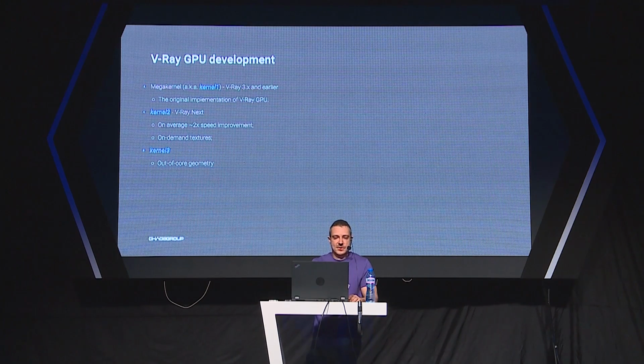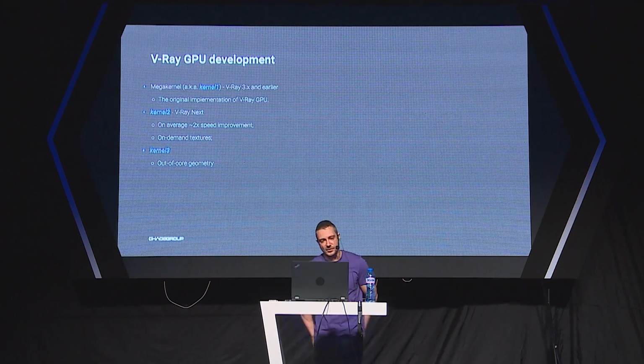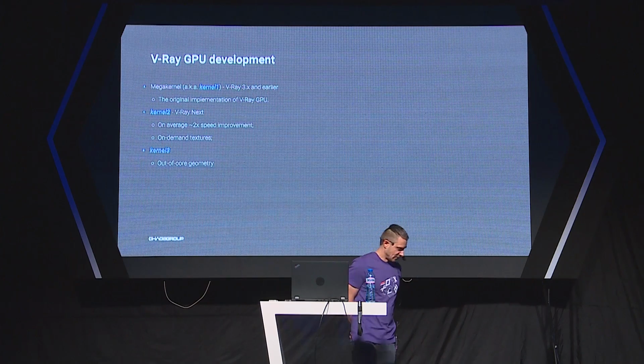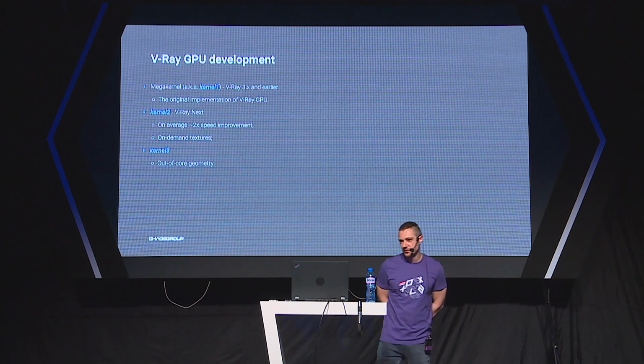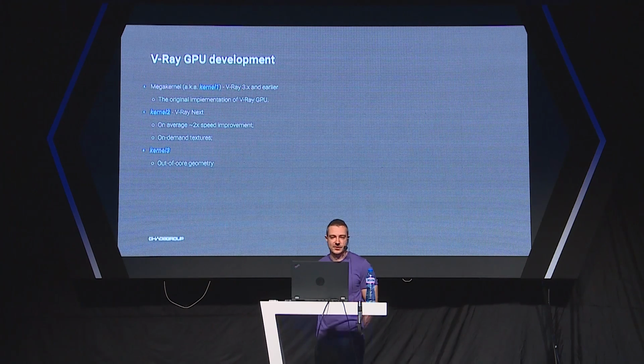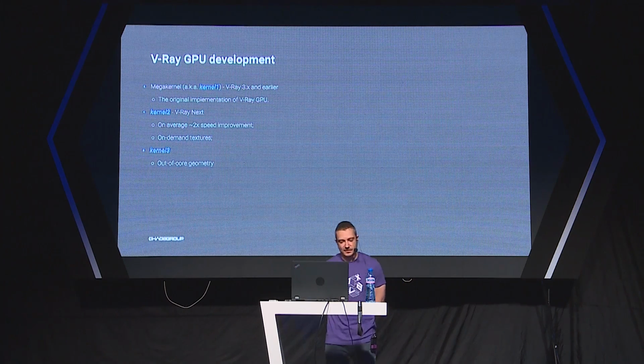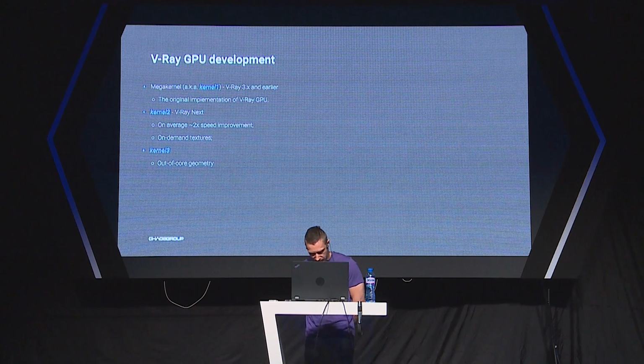We are also moving on to our next architecture for V-Ray GPU. So the original implementation, which we called kernel 1, it's the very first implementation of V-Ray GPU that we had in V-Ray 3 and the earlier versions. And it worked fine, but it was not the most efficient thing you could do on a GPU.